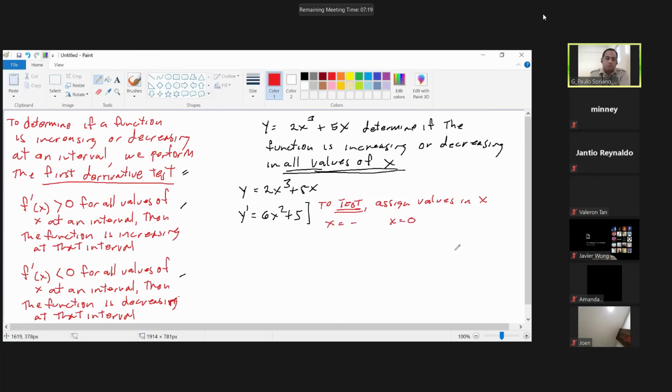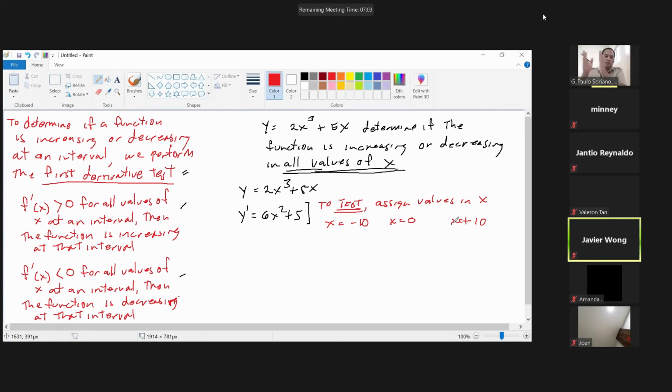Let's say negative 10, 0, and positive 10. These are just random numbers, one to test on the negative side, one to test at 0, and one to test at the positive side.